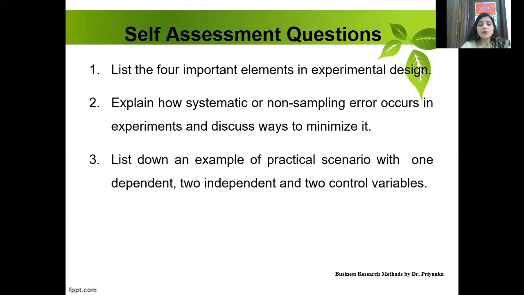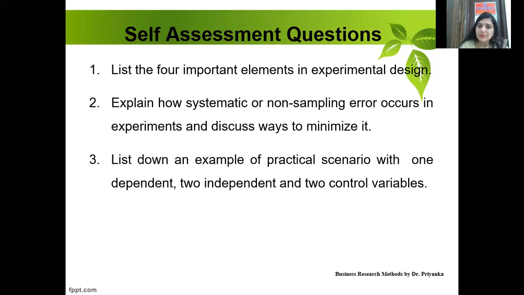Explain how systematic or non-sampling error occurs in experiments, and discuss ways to minimize it. Systematic or non-sampling errors, as we discussed in previous videos when it was survey errors, may occur if the sampling units in an experiment cell are somehow different than the units in another cell, and this difference affects the dependent variable.